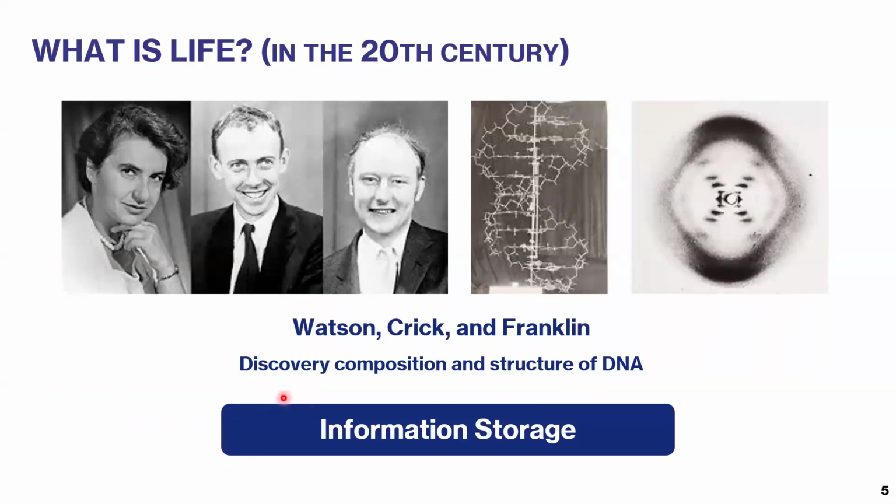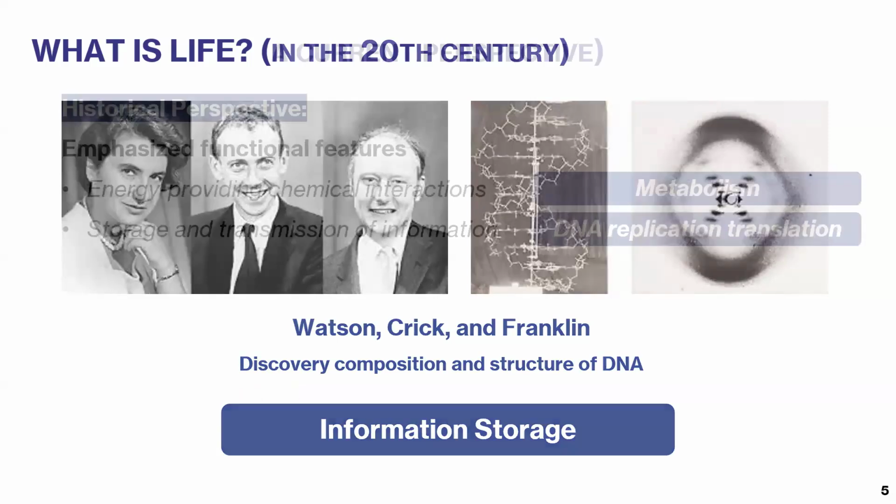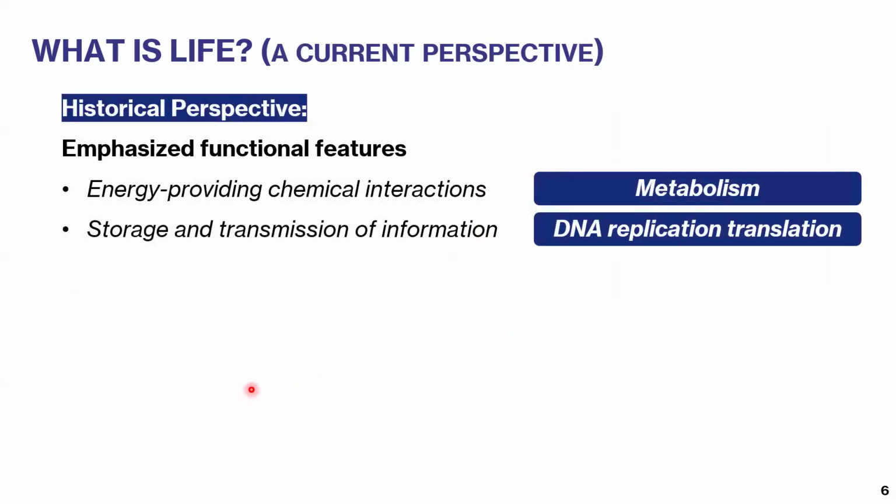With the advent of the digital era, the definition of life has become more abstract, specifically considering functions rather than form, such as the storage and transmission of information, the complexity of the system, and metabolism. So there's no current consensus on the definition of life.